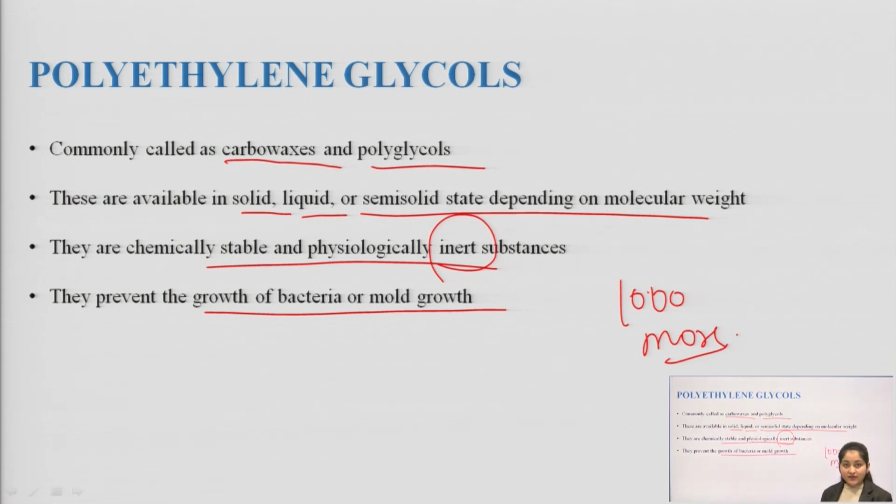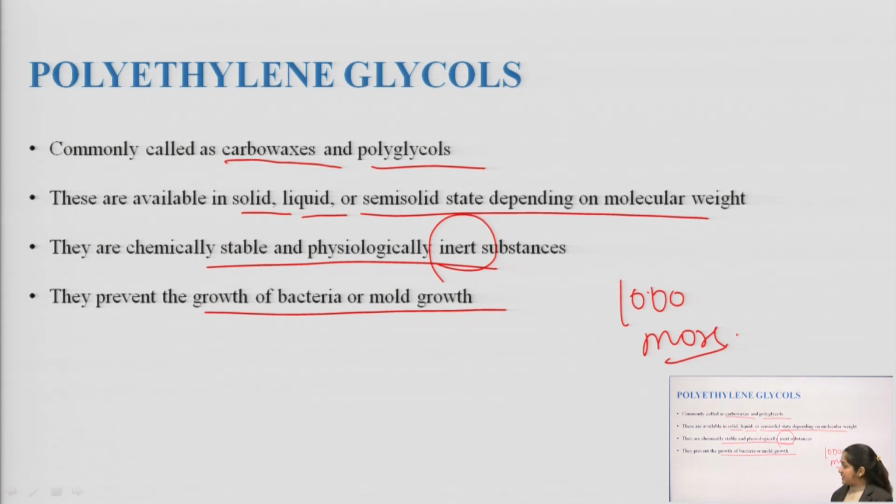When we were using glycerol-gelatin base, the hygroscopic nature or the presence of water content would facilitate the growth of molds or bacteria. However, when we are going for PEGs, that is polyethylene glycols, then the growth of bacteria does not happen, hygroscopic nature can be eliminated, and any sort of laxative action can also be eliminated when we are using PEGs as our suppository bases.